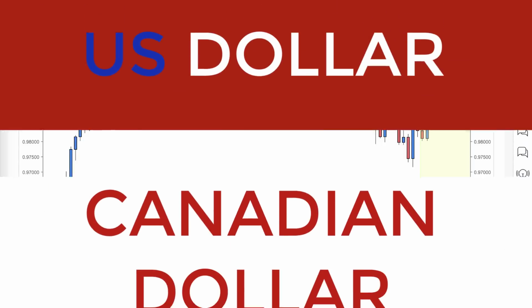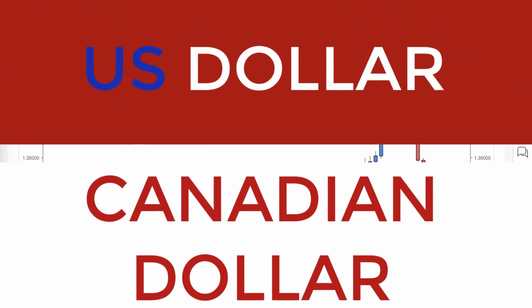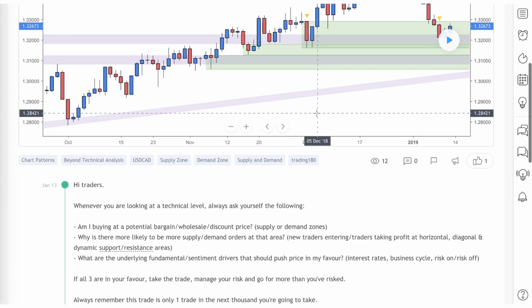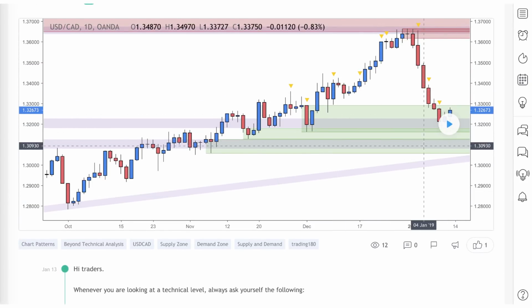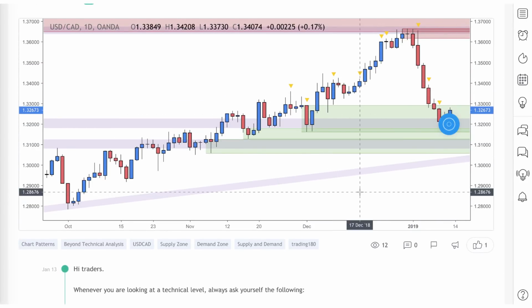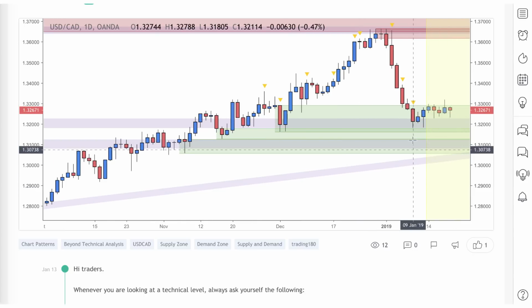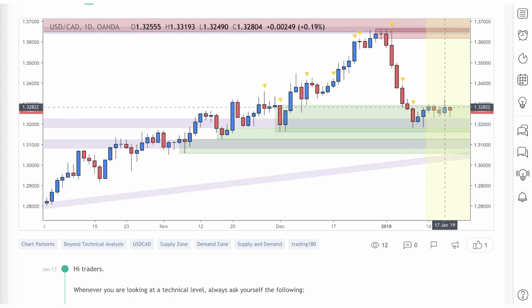So moving on to the dollar CAD, and the dollar CAD from last week. Press play. Right, so this demand zone has held up. Oil has been rising as well, and from a fundamental perspective, I think there was decent news on Canadian inflation.